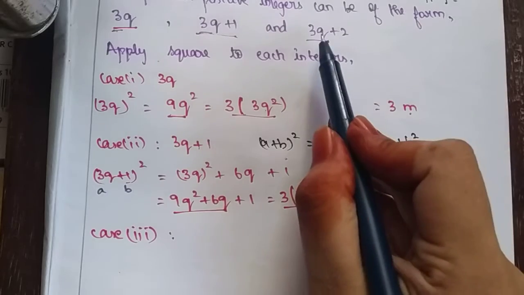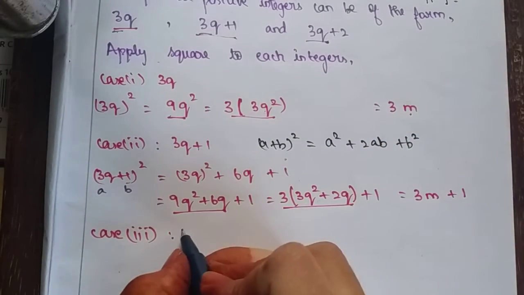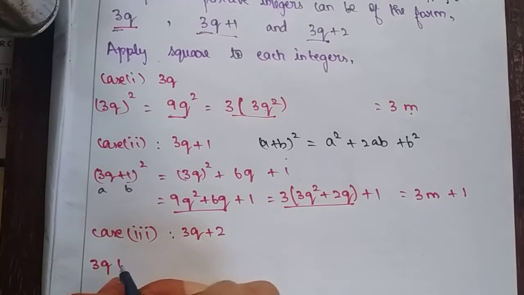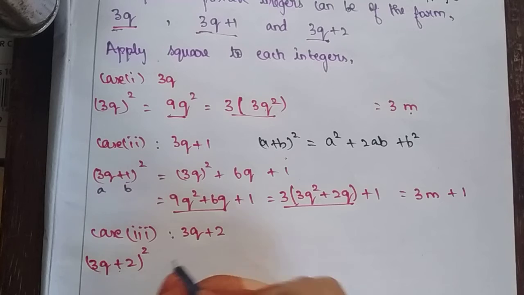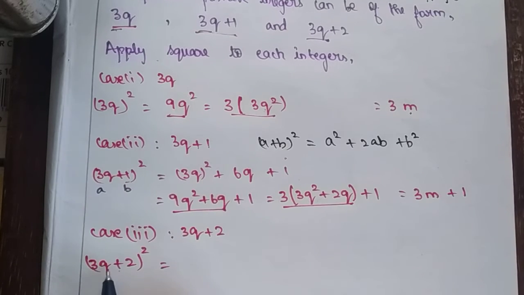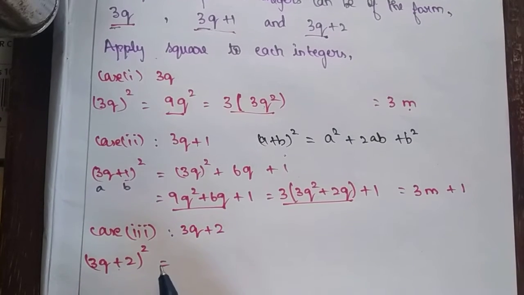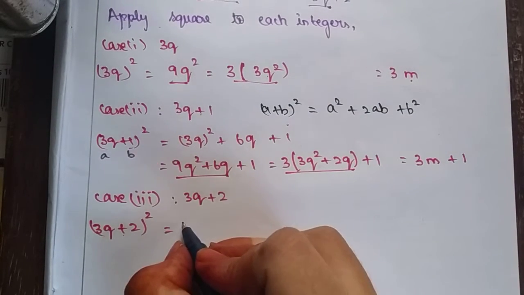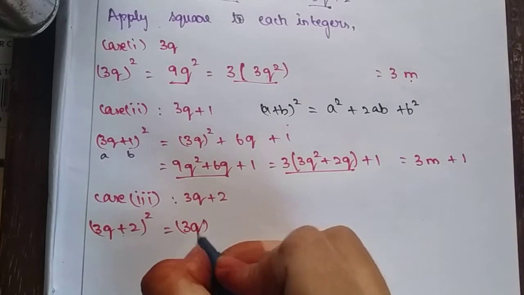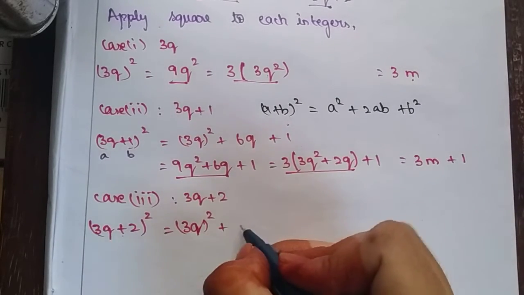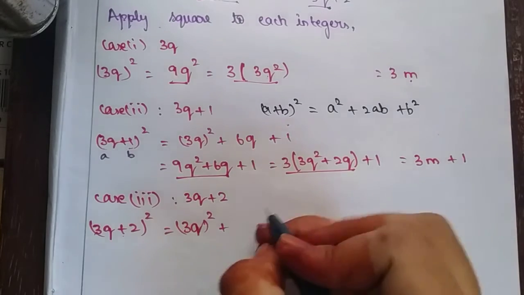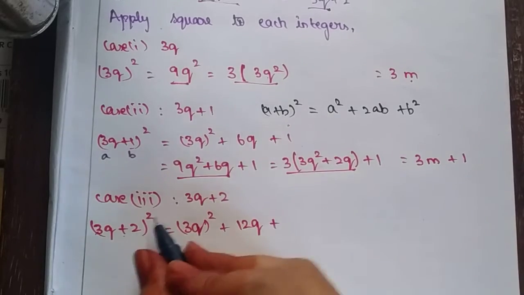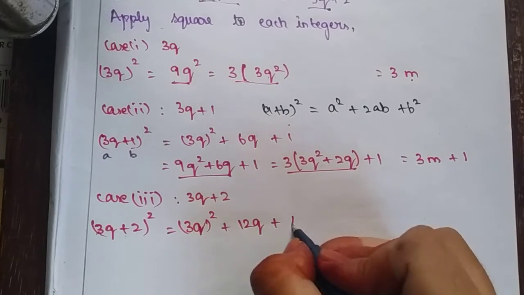the third integer is 3q plus 2. Square this, 3q plus 2 the whole square. Since this is in a plus b the whole square format, substitute the identity. 3q the whole square plus 2 into 3q into 2, so we get 12q, plus 2 square is 4.